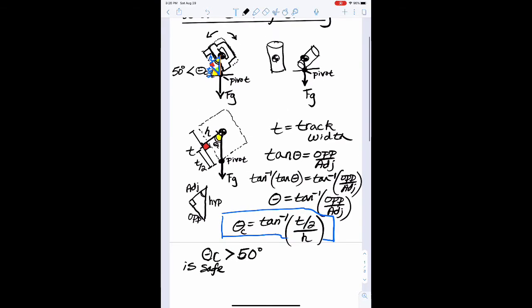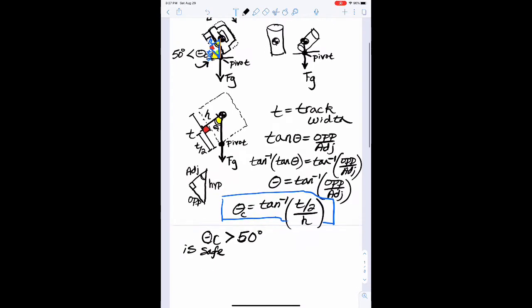Because if it was, say, 30, then if this car tipped up to 30 degrees, which isn't that high off the ground, it could possibly roll over. We wouldn't want that, right? Because this is the angle we're talking about, the smaller angle. It just so happens that because of geometry, it's the complement of the green angle, so it's also the yellow angle up above.